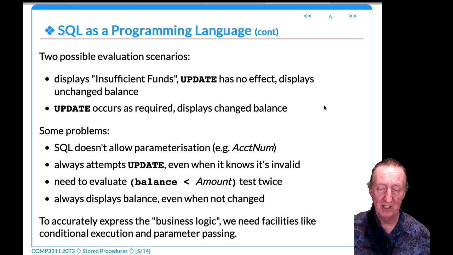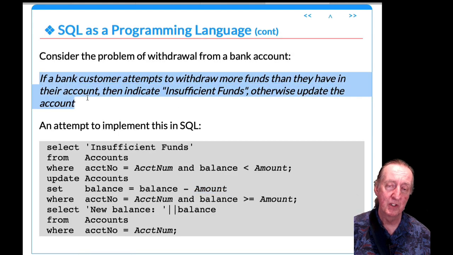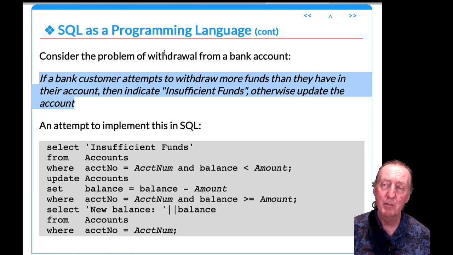And it always displays the balance even when it's not changed. Maybe that's useful if you've got insufficient funds anyway. But if we want to implement something like what was described here, then we need more.